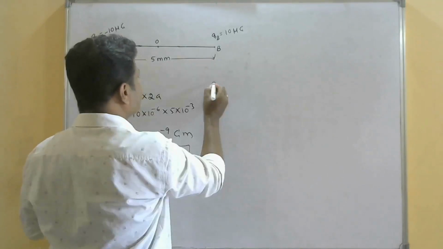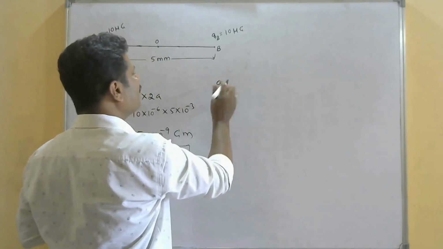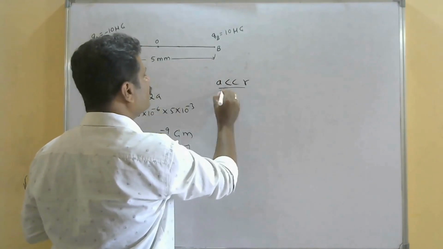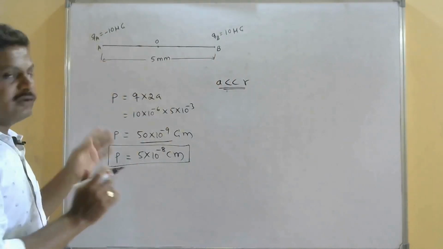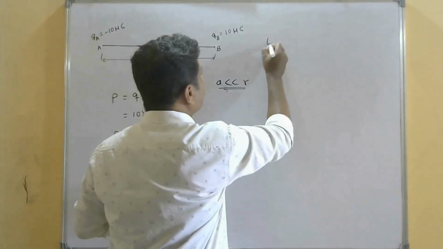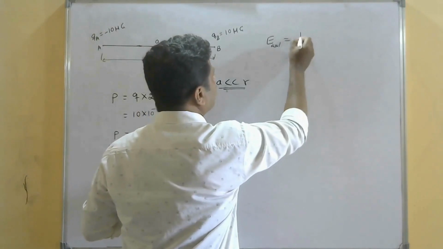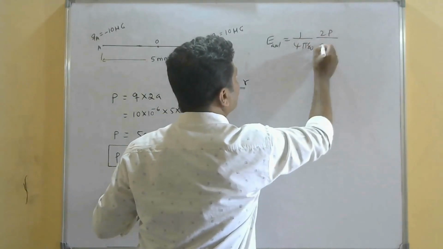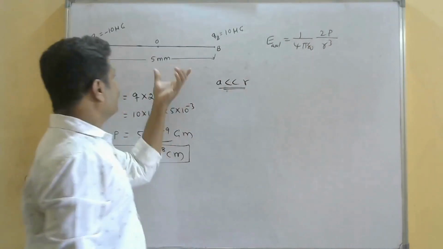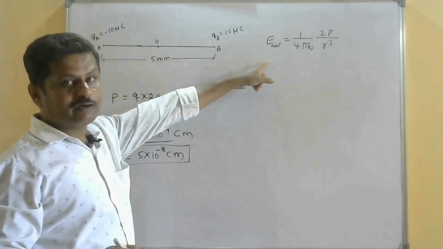So we can take a is very much less than r, so we can consider this a short dipole. For a short dipole, the electric field on the axial line is 1 by 4 pi epsilon 2p divided by r cube, because the distance between these two charges is very small compared to the point of observation.